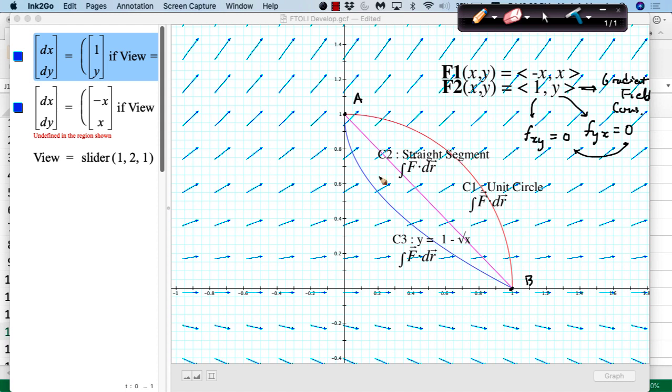So if this is a conservative vector field, then we have path independence. That means all three of these line integrals from A to B should have the same small positive value. So does that check out? If we go along, say, C3, does it look like a small positive result? So what happens at the beginning? A little bit negative, right?